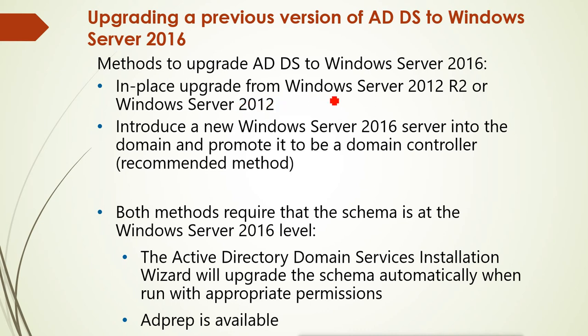Like if it is a standard version, we can upgrade it to Datacenter edition, and if it is a Core edition, then we can upgrade it to Core edition, but cannot upgrade into GUI. If it is an allowable upgrade, then we can do the in-place upgrade. Or the most preferred and recommended method is to introduce a new Windows Server 2016 server into the domain and promote it to be a domain controller.